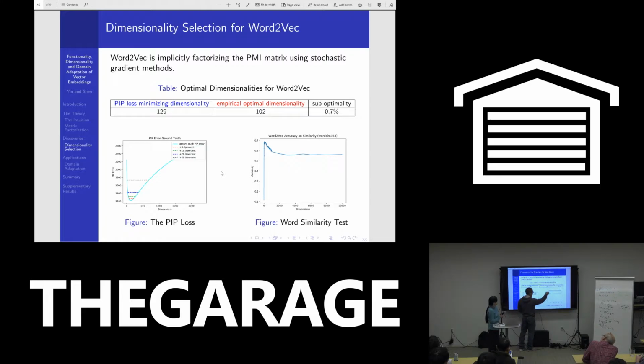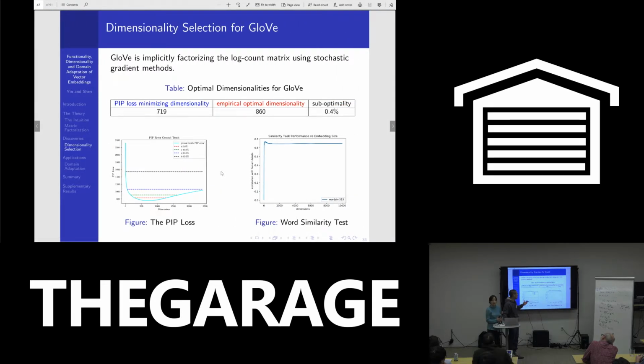By looking at the highest correlation, we also find a dimensionality, which is produced by the empirical approach. For every algorithm we cross-validated, these numbers are very close to each other. It's the same procedure and same conclusion.